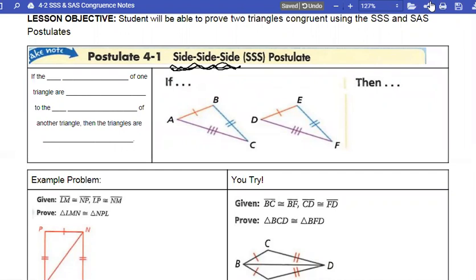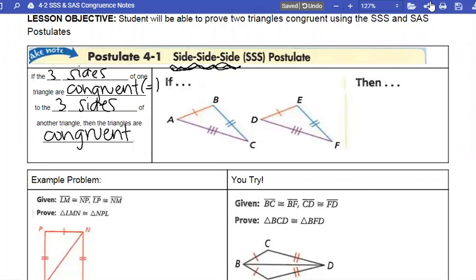Over here on the left, it says the 3 sides of one triangle are congruent. Remember, congruent just means equal to 3 sides of another triangle, then the triangles are congruent. Now the order matters, just like we talked about yesterday.